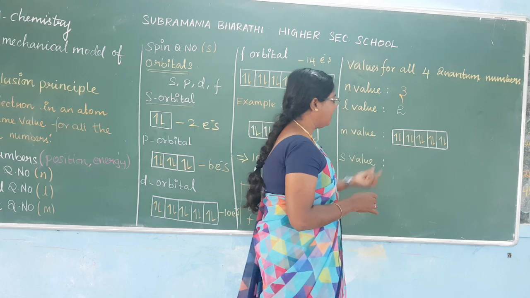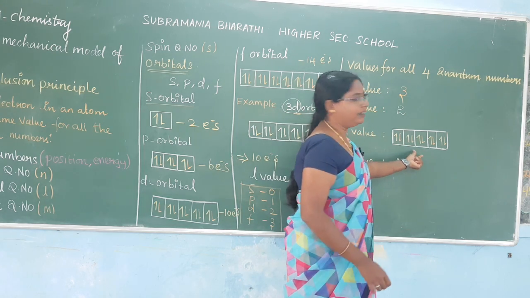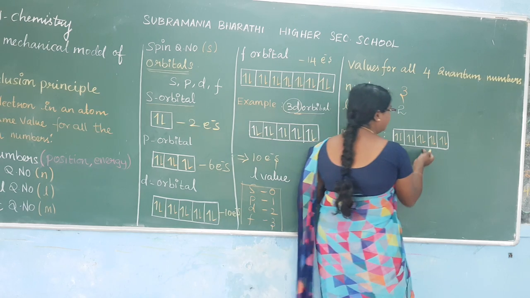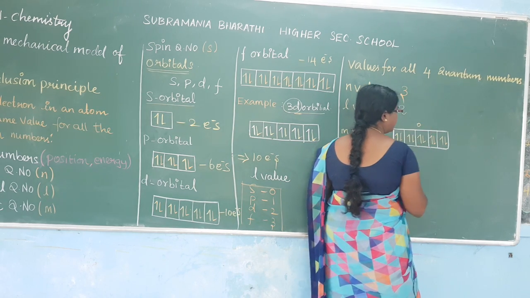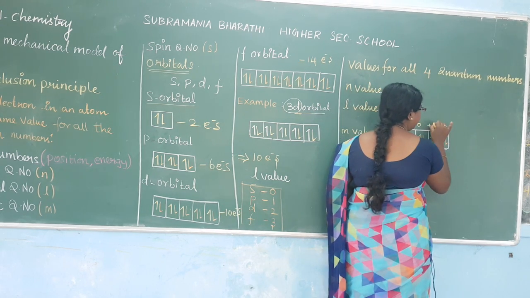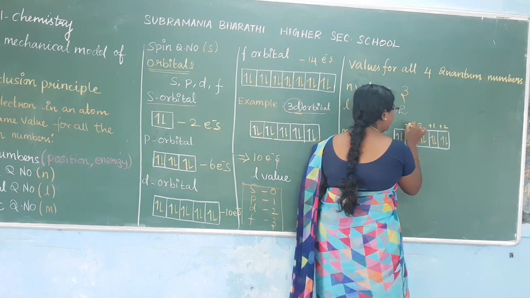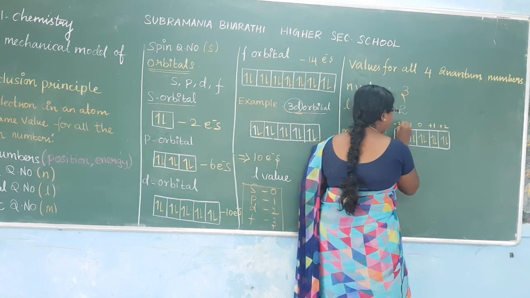These are all the electrons accommodated in the d orbitals. How can I find the M value? Here the center one will have 0, this is plus 1 and this is plus 2, and on this side minus 1 and minus 2.